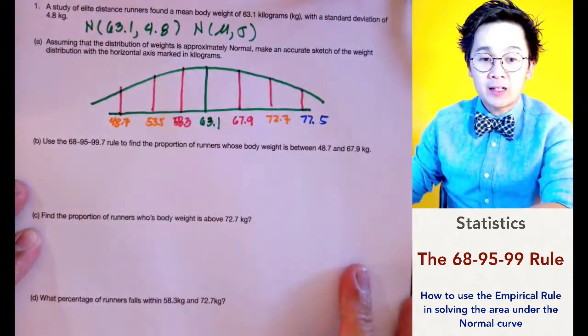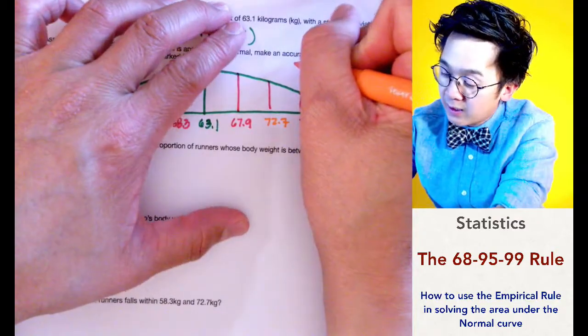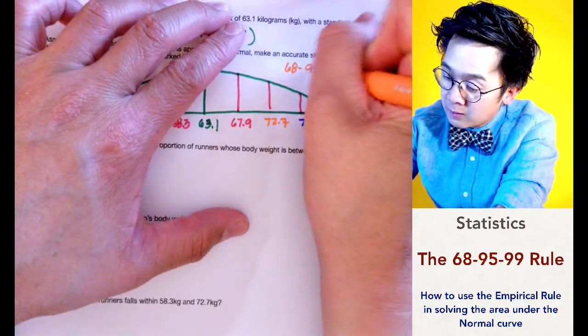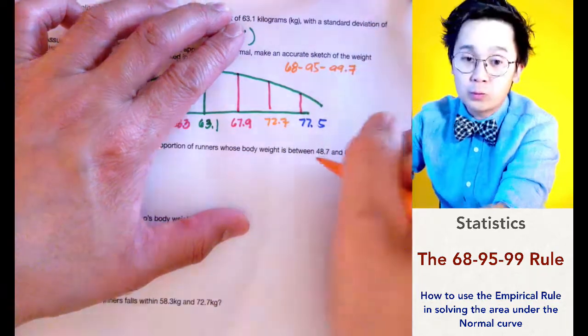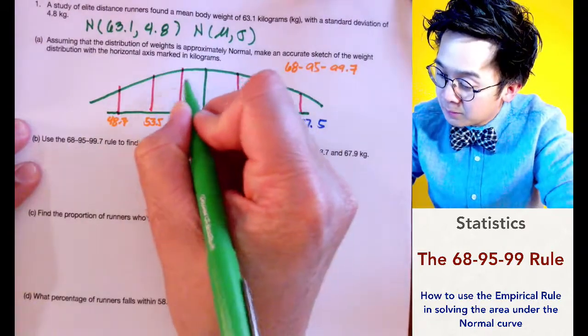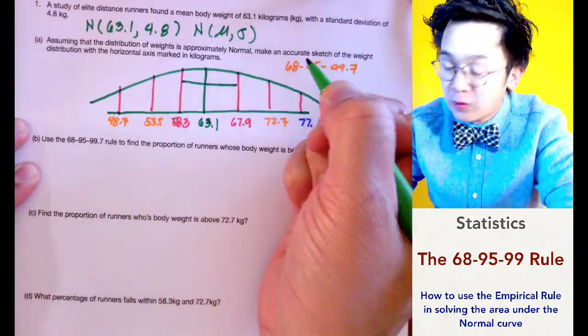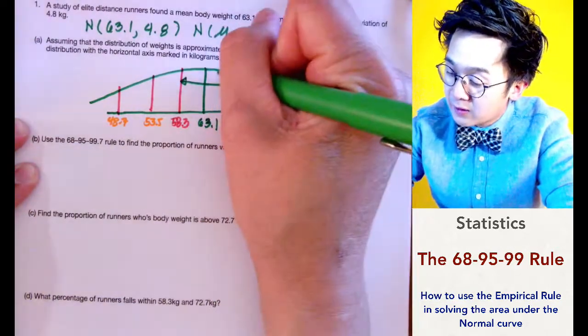So ito yung ating 68, 95, and 99.7 rule. So ibig sabihin nun, from here, ito yung ating first standard deviation. So ito yung ating 68%.